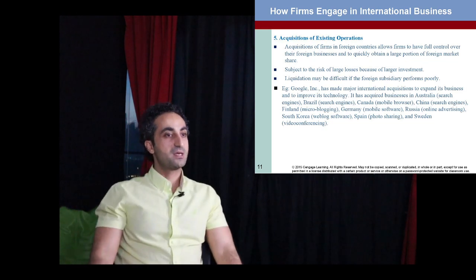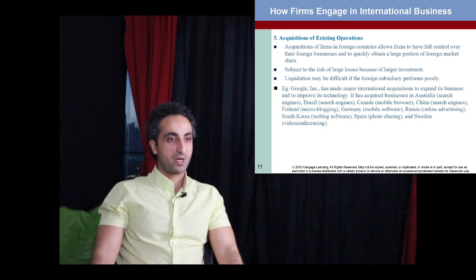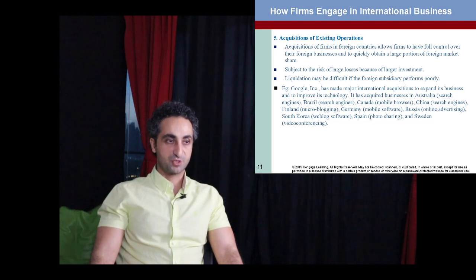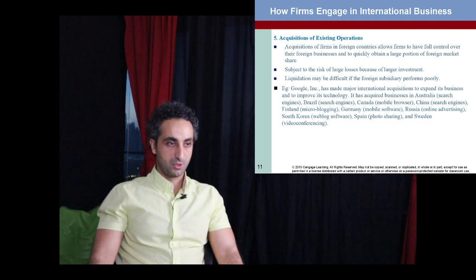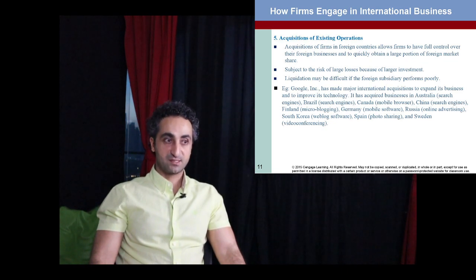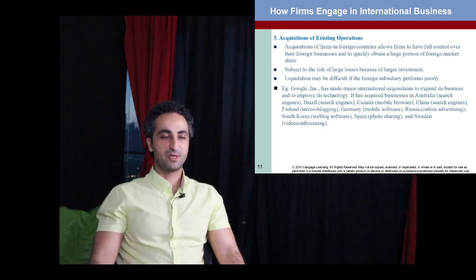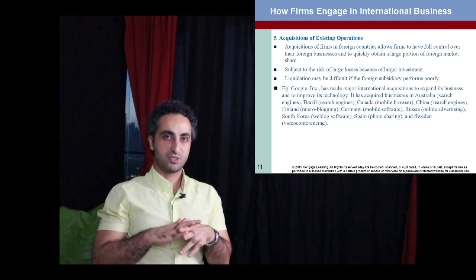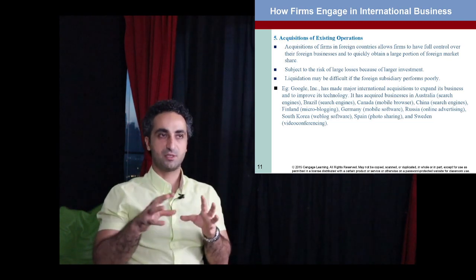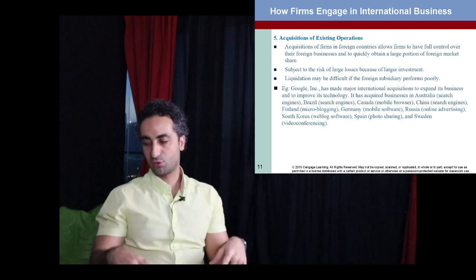So you can see here how Google acquired businesses in Australia, search engines, Brazil, Canada, China, Finland, Germany, in different industries, Russia, online advertising, South Korea, weblog software, Spain, photo sharing, and Sweden, video conferencing. So they're not buying from a country because of the nationality. They're buying because they like that product. So acquisition on MNC level doesn't really happen in one country. It happens on a global scale.